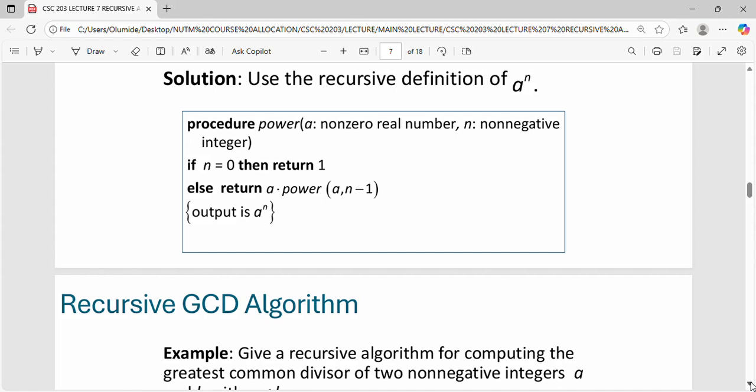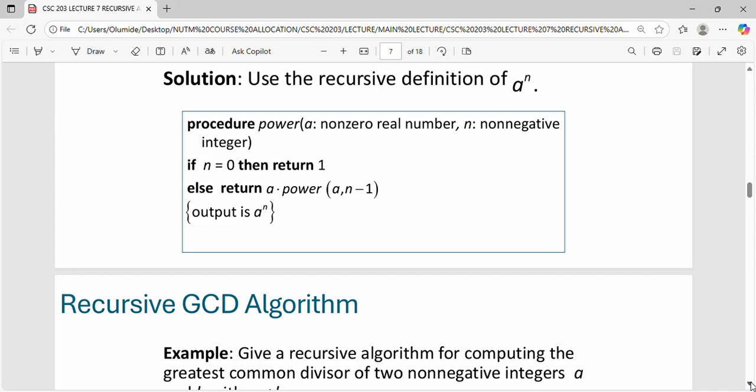That is a raised to power 1, then a raised to power n minus 1. You see that one up there, from the law of indices, 1 plus n minus 1 will become n. So it becomes a raised to power n. That's what we have.